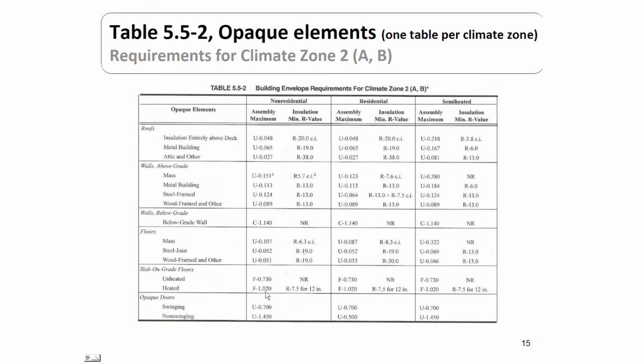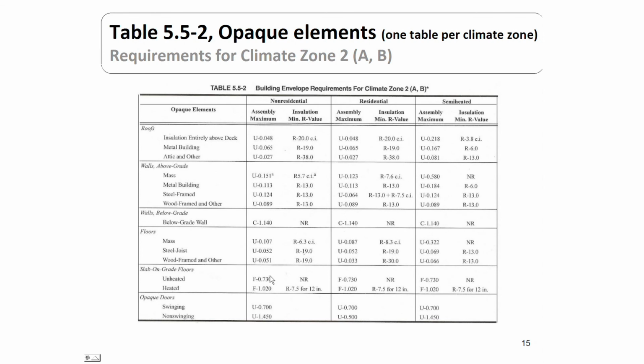Let's see, down here on the floor slabs you'll see a thing called F. F is similar to a U factor, but it's conductance per lineal foot and not per square foot. So you're seeing here the requirement, the limiting requirement for the BTUs per lineal foot of slab edge.